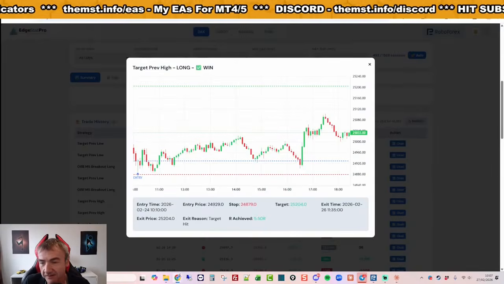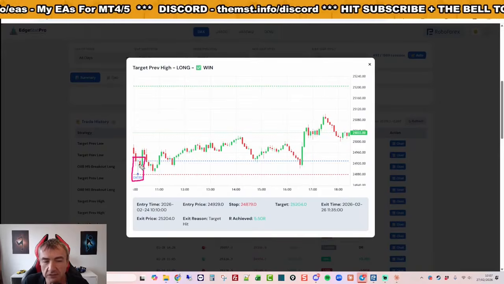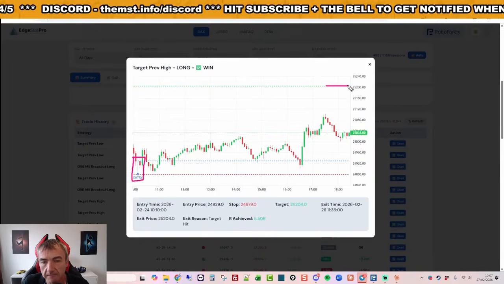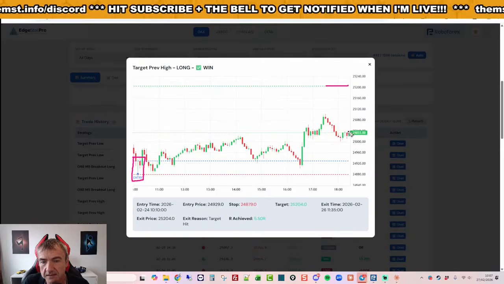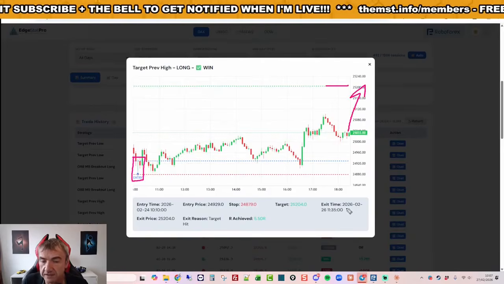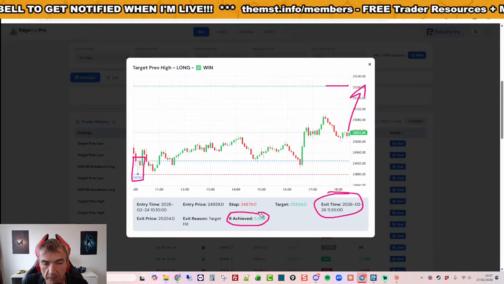So there's his entry. Look, this is the thing: I'm not convinced he's getting the right price action entries. There's his target. That didn't get hit on that session, did it? Oh, that's interesting. So he exited there with a 5.5.